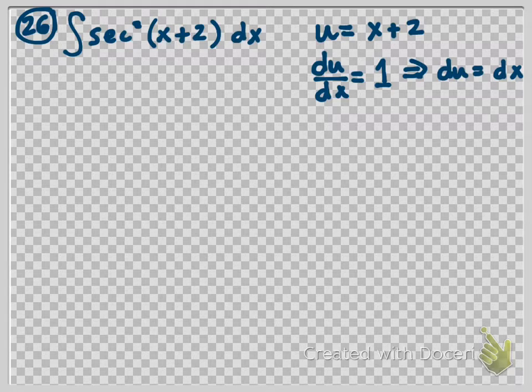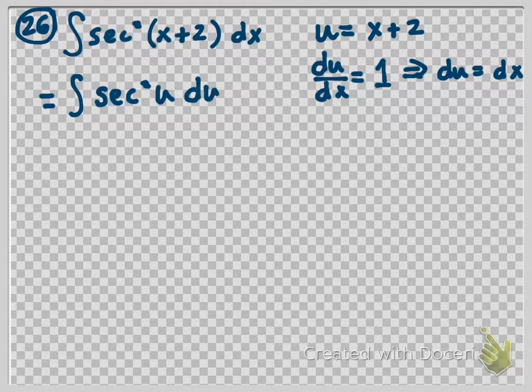So now we're going to come back to our original function in terms of x and rewrite it in terms of u. Well, the first part's easy. It's going to be the secant squared of u. But then the second part's still easy on this one because dx is equal to du. I'm sorry, that was supposed to be a u.